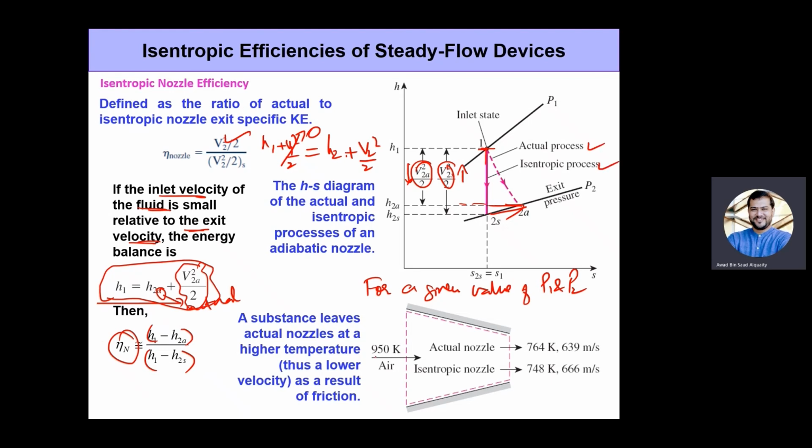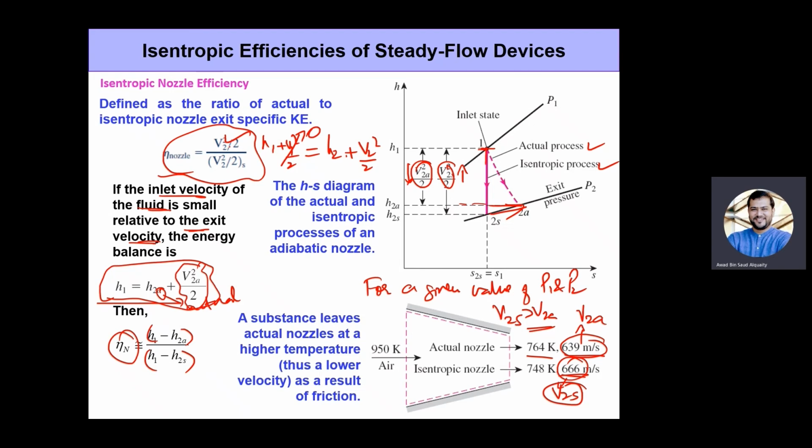But when you have irreversibilities, of course, then what happens is that the temperature at the exit is slightly higher and you will have lower velocities. So this is the actual velocity for a particular scenario, and this one is the isentropic velocity. And as you can see, the isentropic velocity has to be greater than the actual velocity. Okay, and this is basically how the nozzle efficiency is defined.